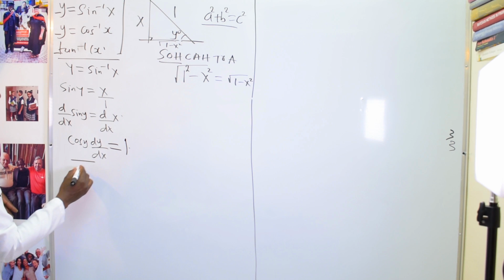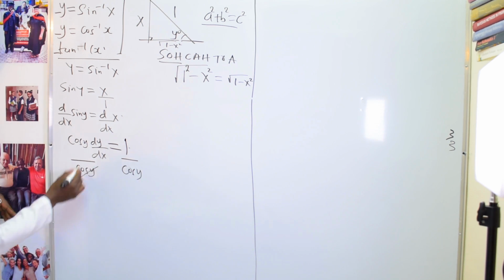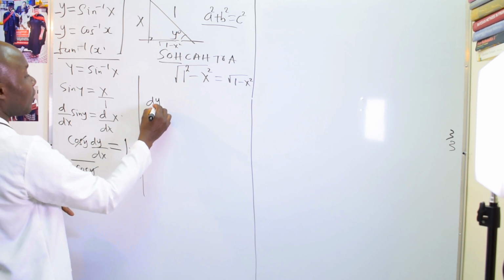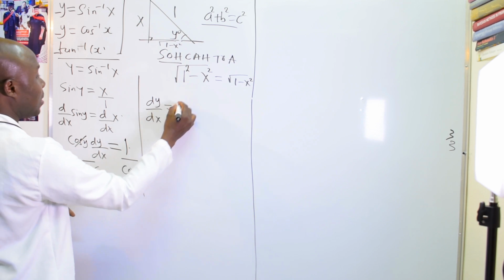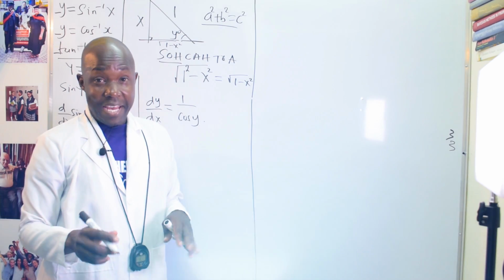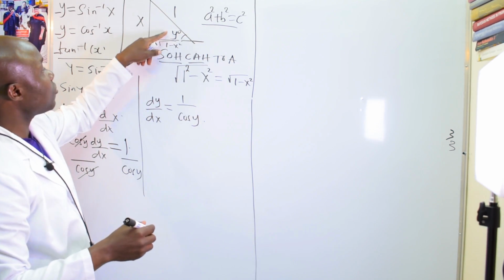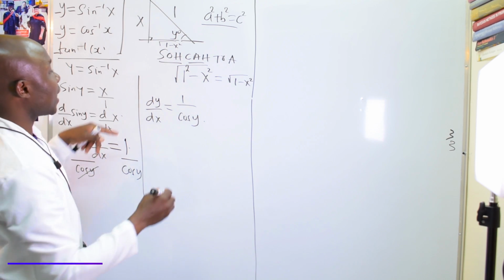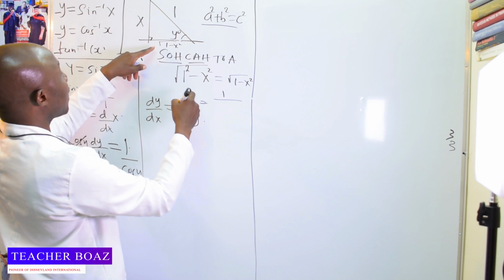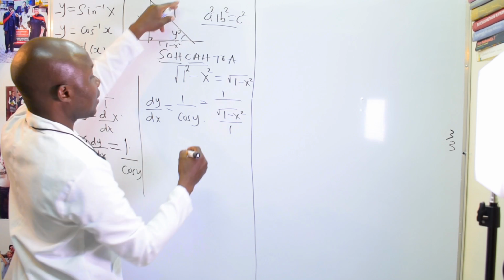And when you differentiate x, you simply get 1. Then we can easily divide both sides by cos y. Now the cos y will go. So anytime you want to get dy/dx, you simply get 1 over cos y. Then you go back to your triangle and ask, how do we get the cosine? The cosine of y is adjacent divided by hypotenuse, which simply means 1 over cos y becomes 1 over the square root of 1 minus x squared over 1.